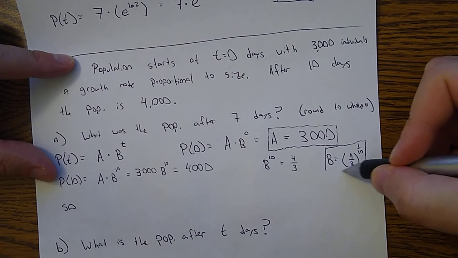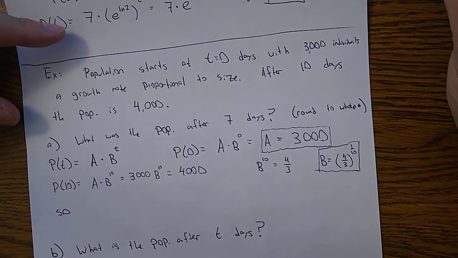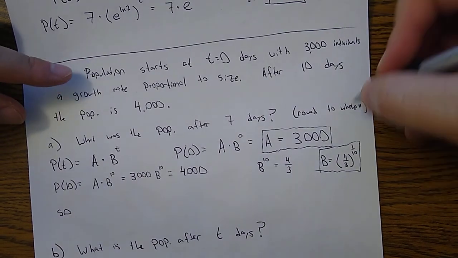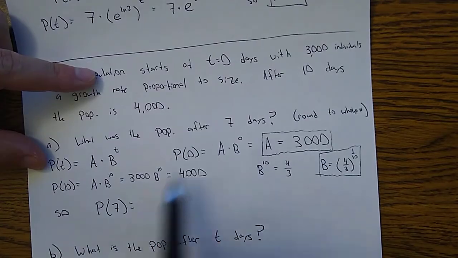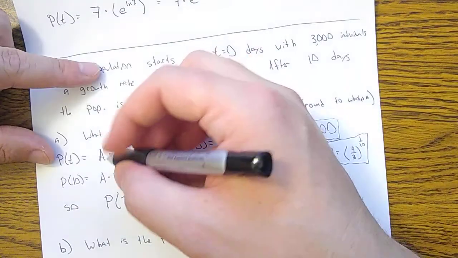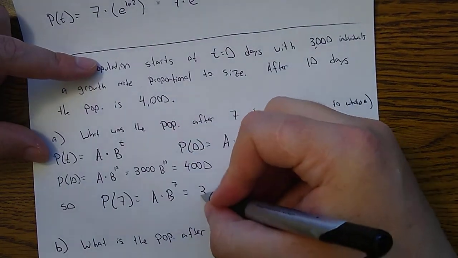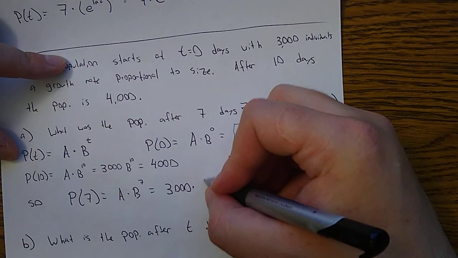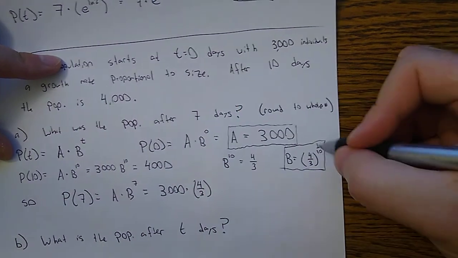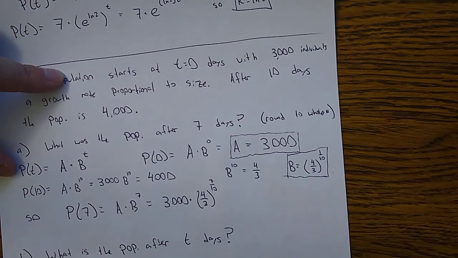I just realized I should make sure, because I'm going to need to use a computer to do this, because I'm not going to get a nice number. So the question is, what is p of 7? And now we're ready to go. P of 7 would be a times b to the 7th, which would be 3,000 times this. If I raise this to the 7th, the new power is 7/10, right?